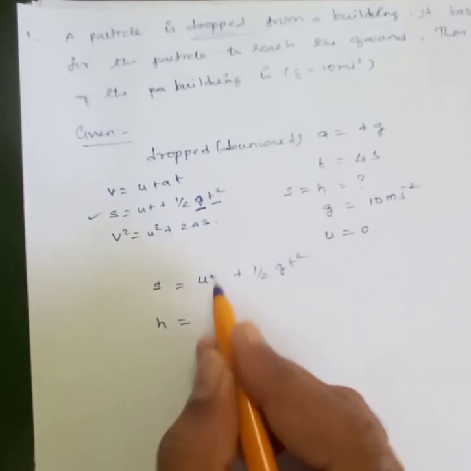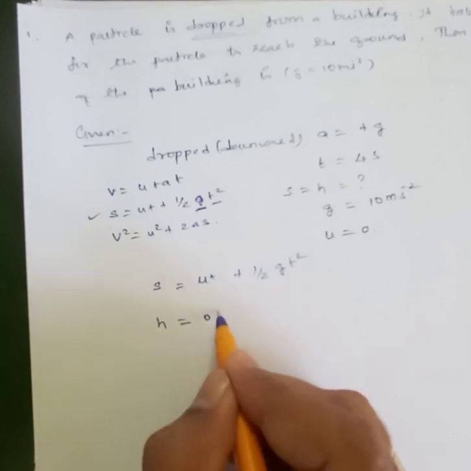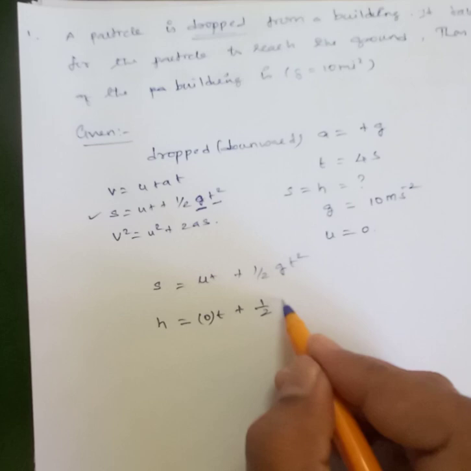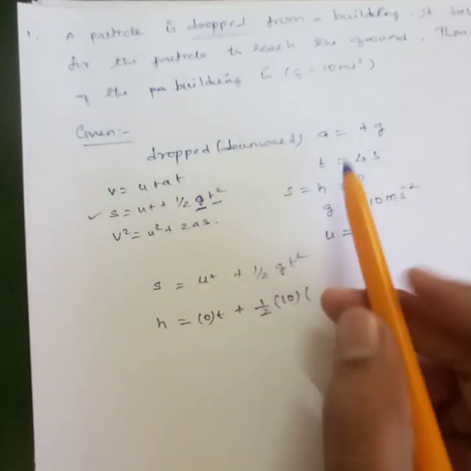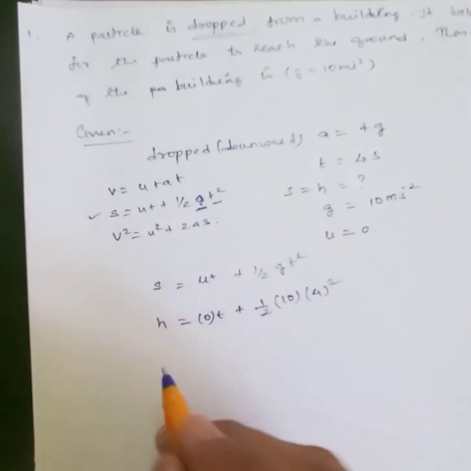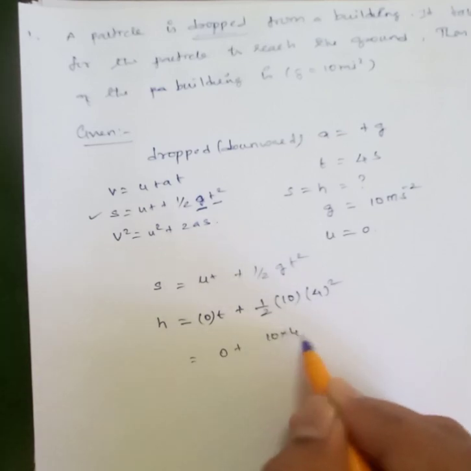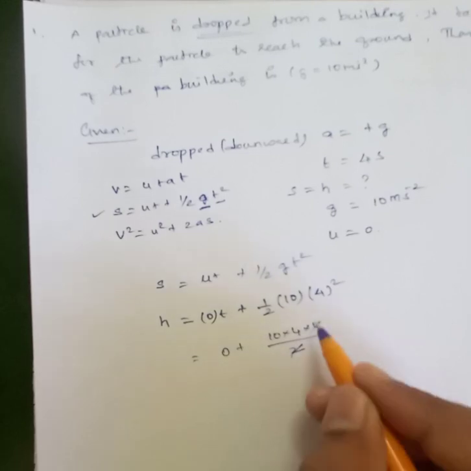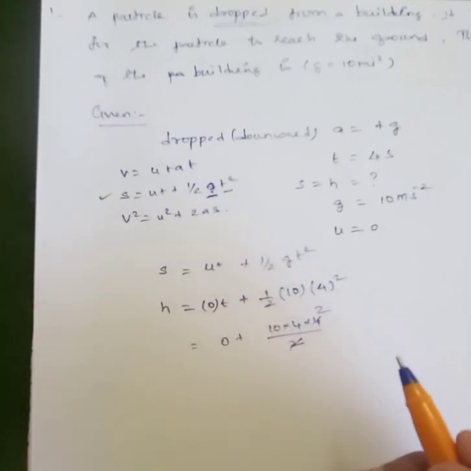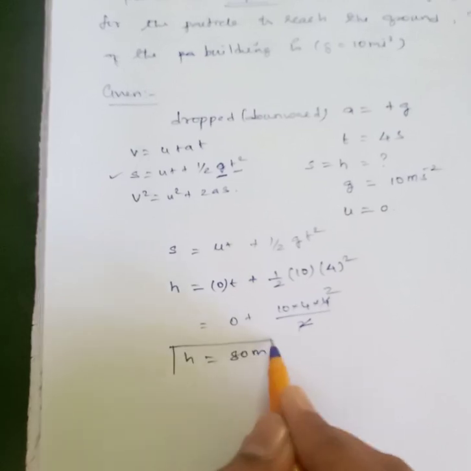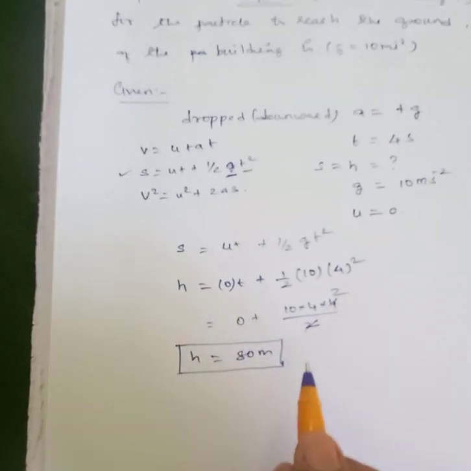S is equal to h, where u equal to 0 into t plus 1 by 2, g equal to 10, t equal to 4 square, so 0 plus 10 into 4 into 4 divided by 2, so it becomes 80 meter, or h is equal to 80 meter. So this is the solution.